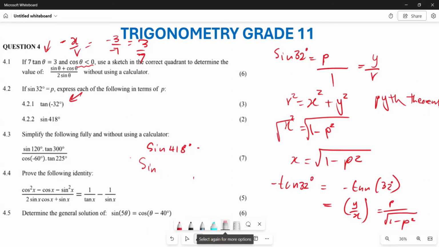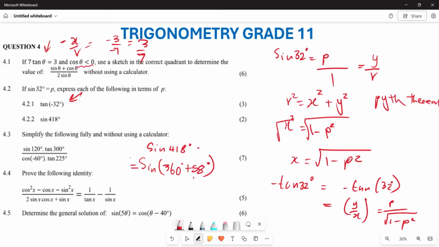Let's say you say 360 degrees plus 58. Let's look at that. When you say 360 degrees plus 58, what is the answer that you are finding? Can you see that this is 418, right? So which means this is actually the same as 360 degrees plus 58 degrees.